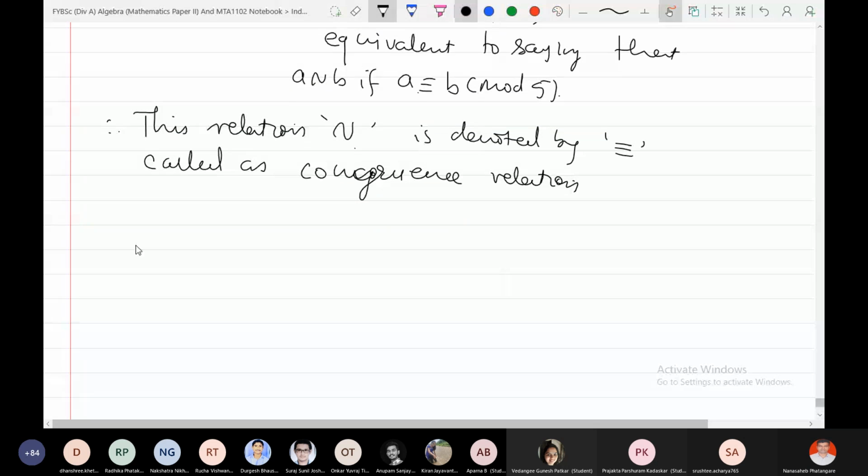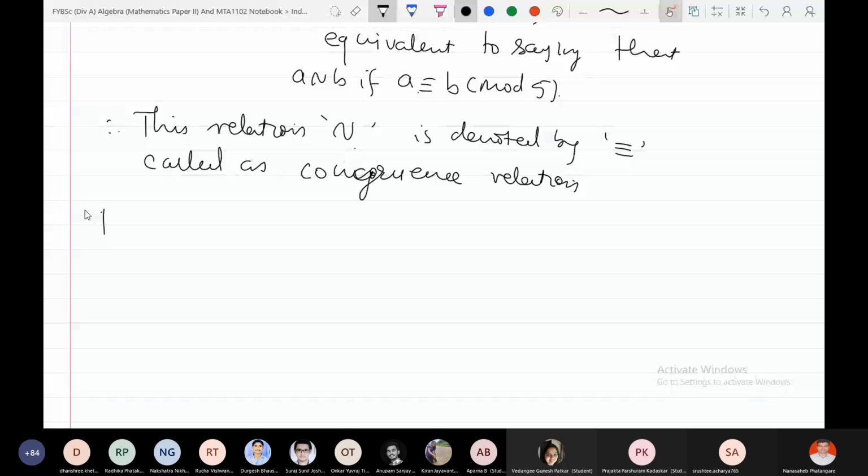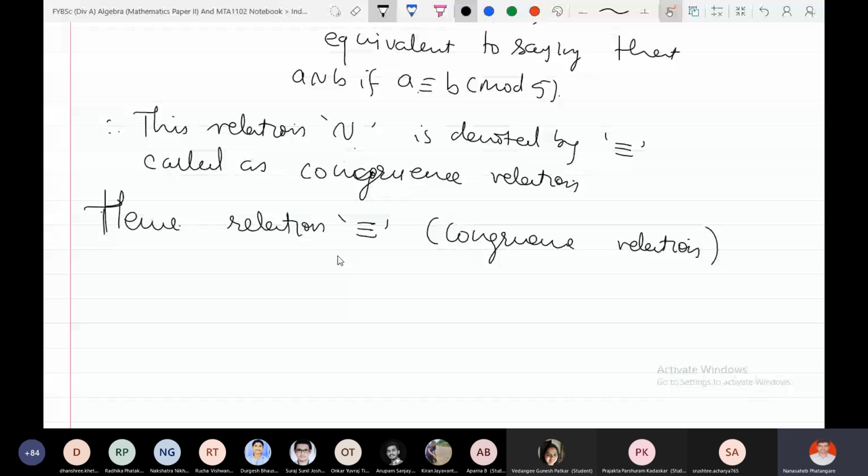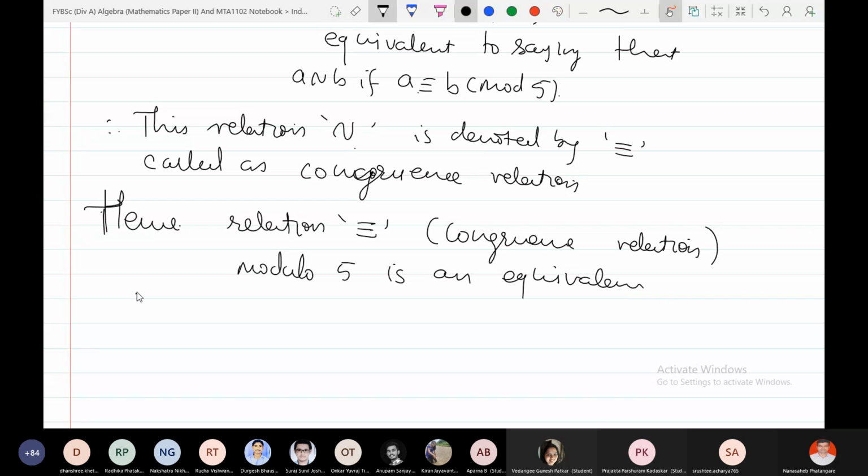Hence, the relation, or congruence relation modulo 5, is an equivalence relation.